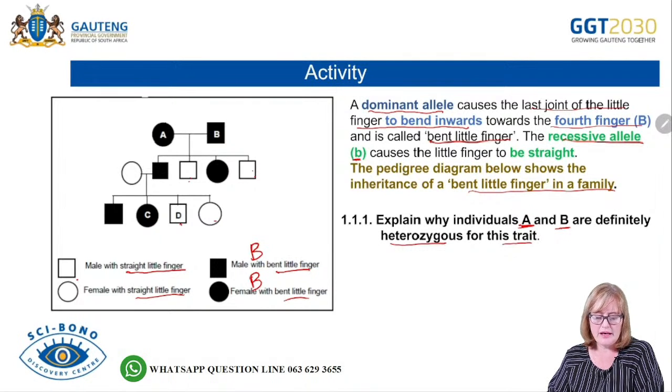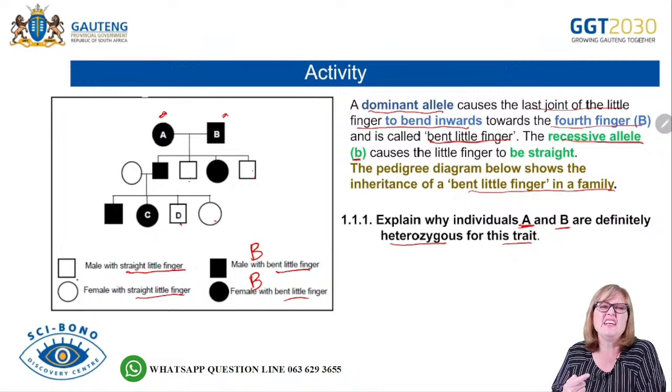So let's have a look at A and B. A and B are the grandparents, a grandmother and grandfather. Why are they heterozygous? They're telling you that they have both alleles. Why? Look at the children. They have two children with the recessive trait, just what I said now.